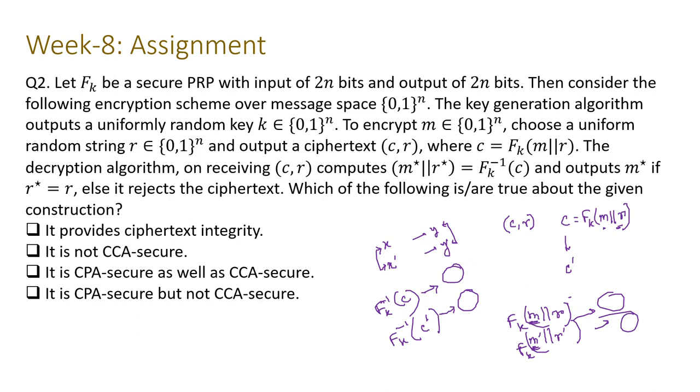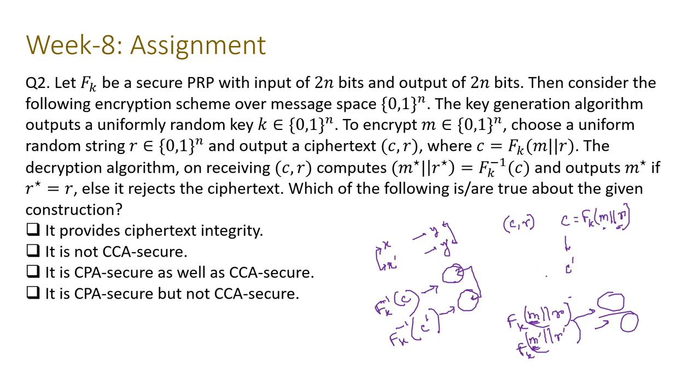So for all possible values of ciphertext, even if you are tweaking C to some C dash, it will map to some input value, but they will not be related to each other. That is why we cannot exploit the decryption oracle to know information about the underlying message string MB. So that is how the CCA security is ensured by the security of this PRP F.